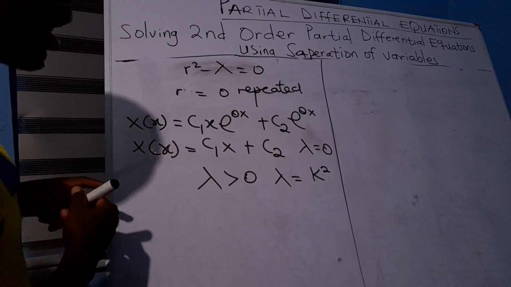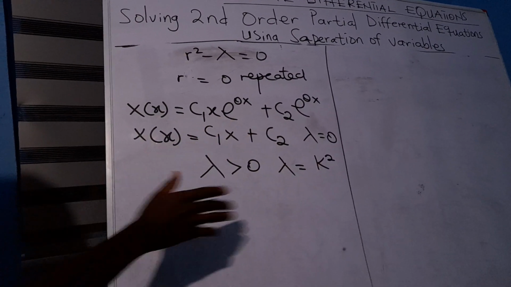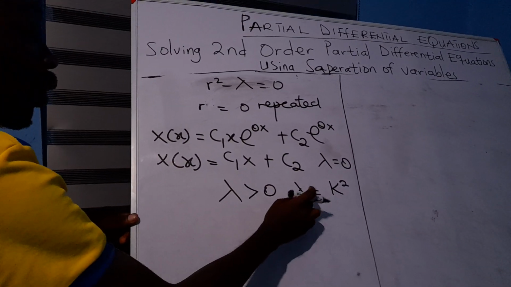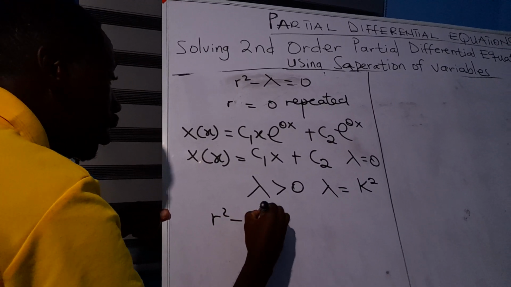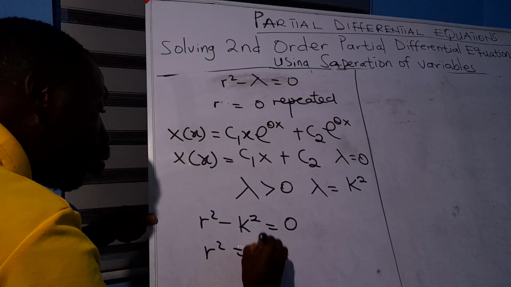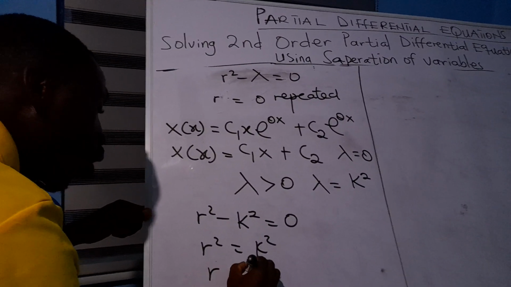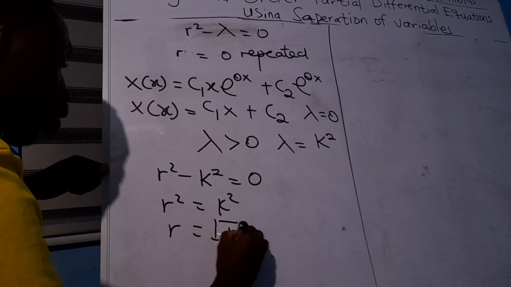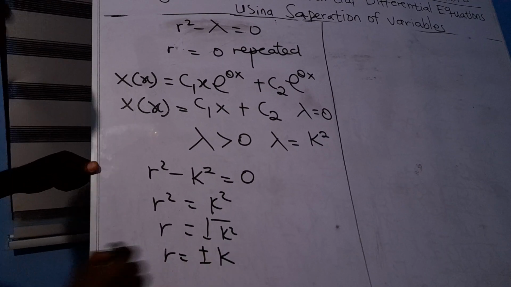That means any number we square there will be greater than 0. So now what we do, we substitute. In place of lambda, we put k squared. So you have r squared minus k squared equal to 0. r squared will be equal to k squared. On finding the square root of both sides, r will be equal to plus or minus k.